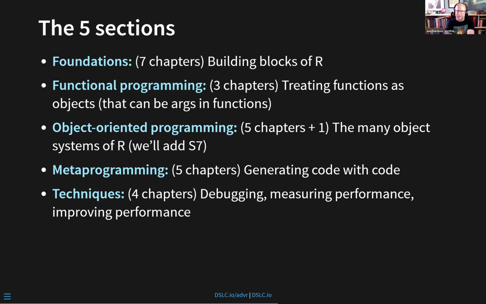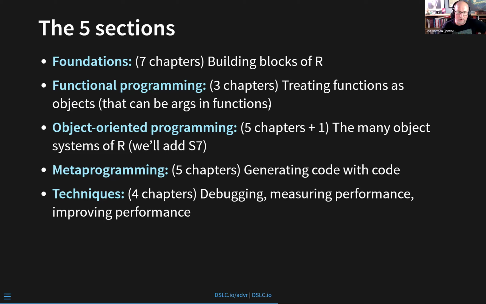It's the reason that a lot of people who come from the more object-oriented world think R is really weird. It is set up more functional, but it's really cool once you learn how to really use it. The main thing is that functions are objects that can be arguments in other functions and that can be manipulated by other functions. And that makes things really weird in powerful ways. So that's what that section is all about.